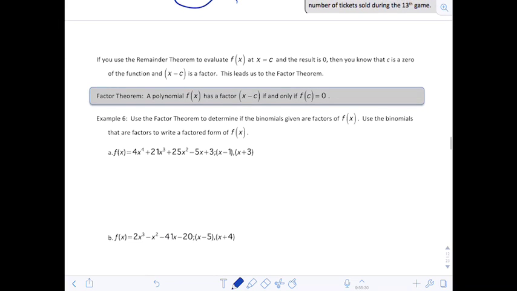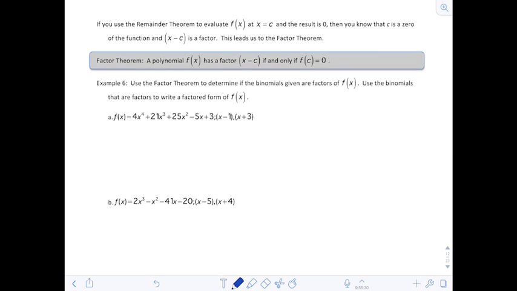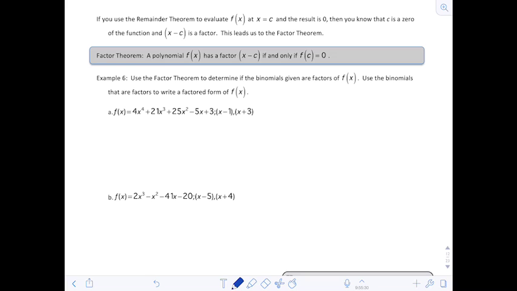Okay, last page. If you use the remainder theorem to evaluate, like we just did, and the result is 0, so this means you get no remainder, I want you to think about what that means back in the olden days. If you did, let's say 32 divided by 4, that goes in 8 times with no remainder.